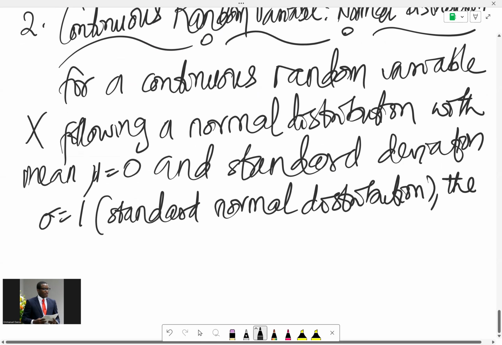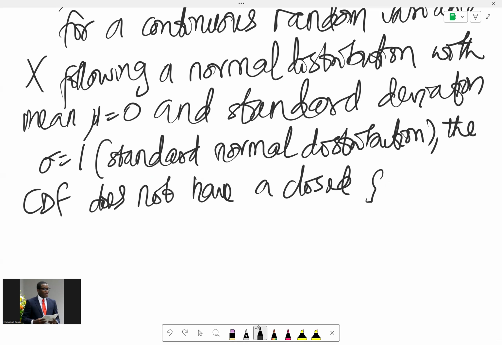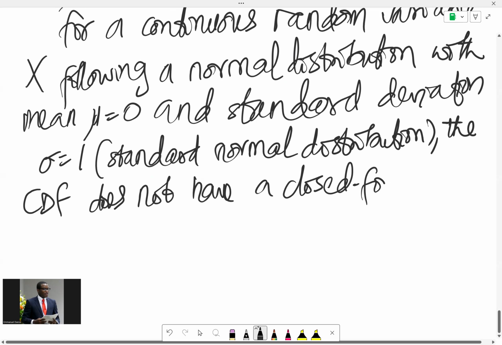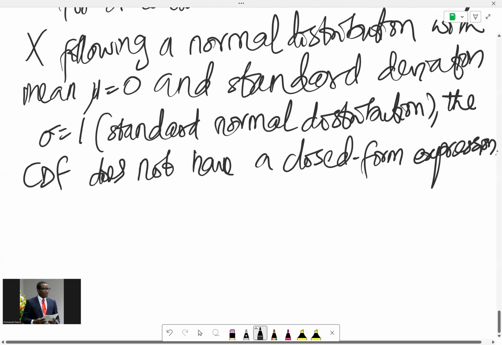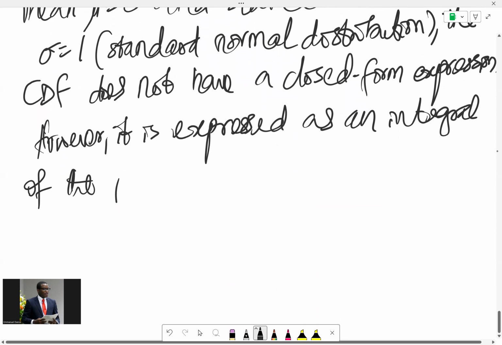So the CDF, the cumulative distribution function, does not have a closed form expression. However, it is expressed as an integral of the probability density function.